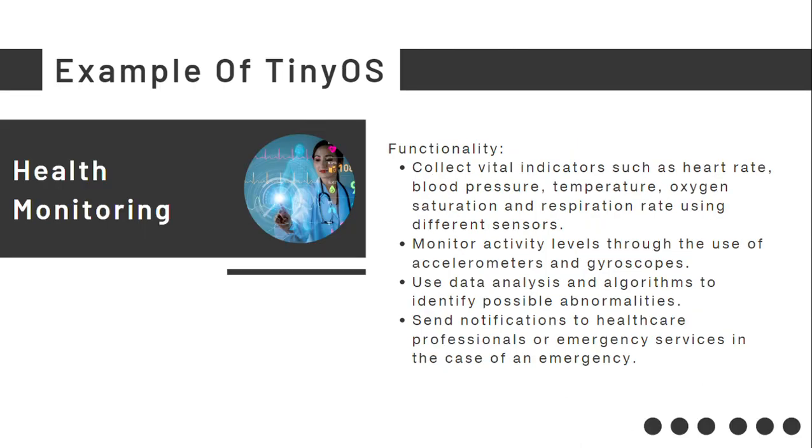Example of TinyOS. First example is health monitoring system. This system's function is to collect vital indicators such as heart rate, blood pressure, temperature, oxygen saturation, and respiration rate using different sensors, for example, ECG, SpO2, and temperature sensors.